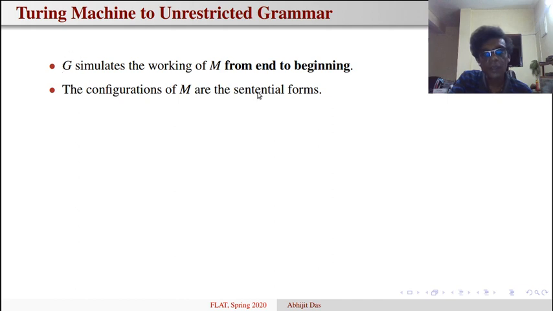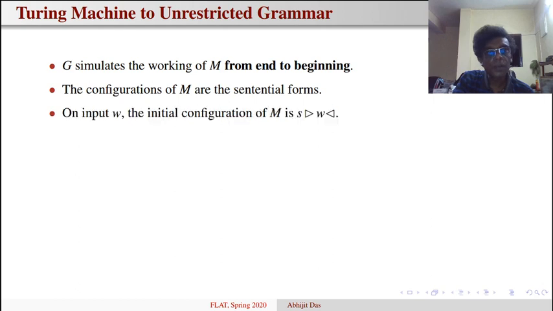So what is the initial configuration? This is S. Initially this W is written on the tape of the machine, and you also assume that from the beginning this right end marker is there. If not, you can assume that there is a different start state S prime.